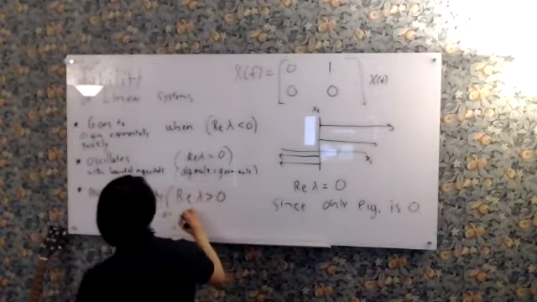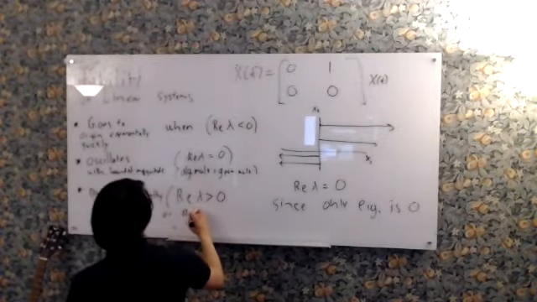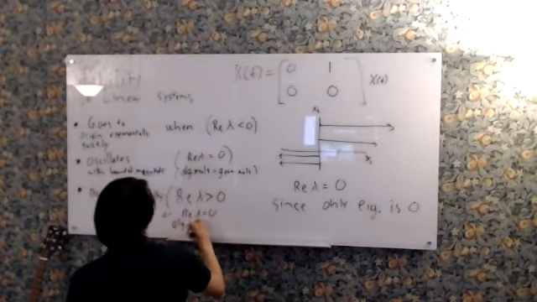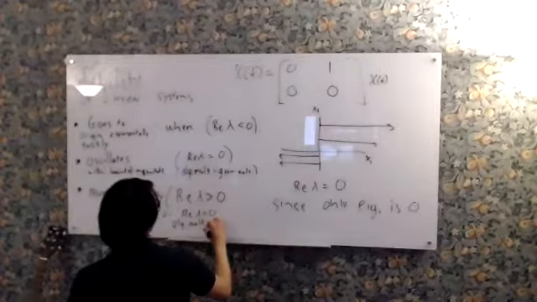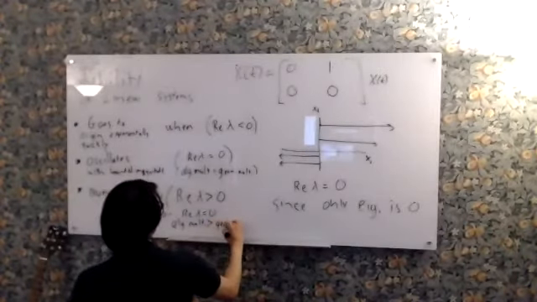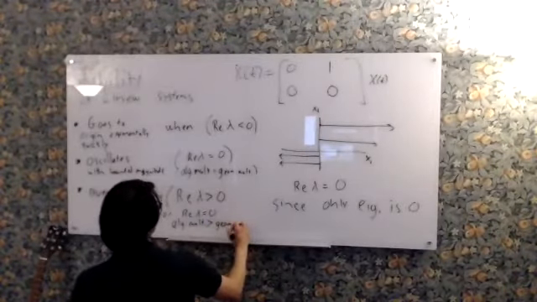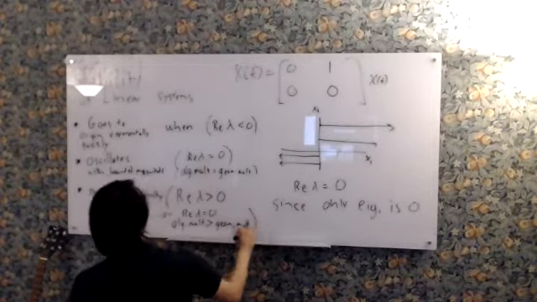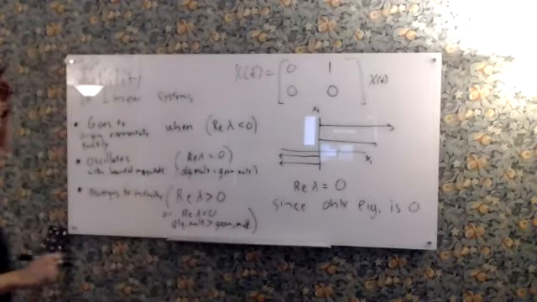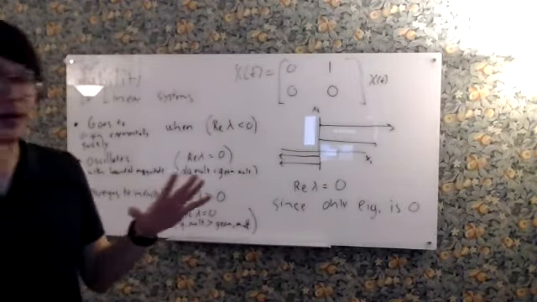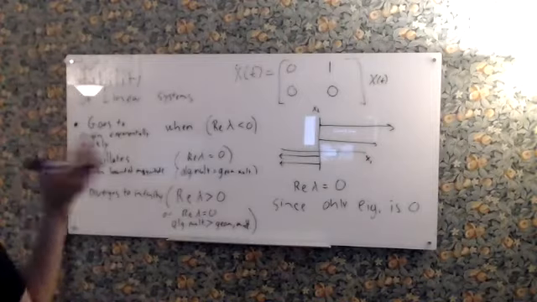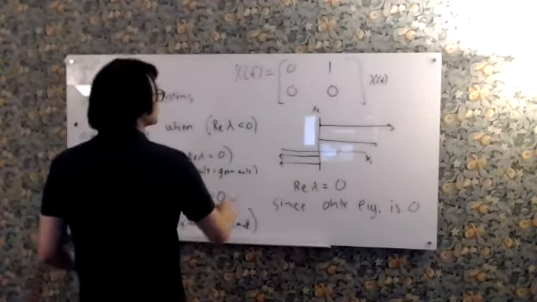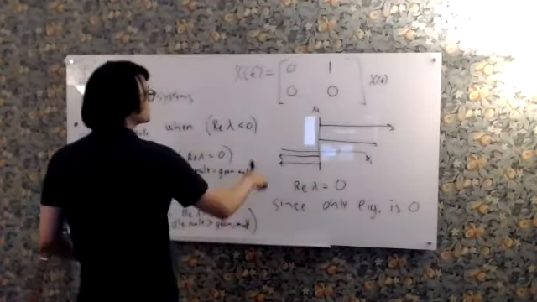Or the real part of lambda is equal to 0, and the algebraic multiplicity is greater than the geometric multiplicity. All right, so this is just a high-level overview right now. Now let's look and see what is going on over here with this thing right here.